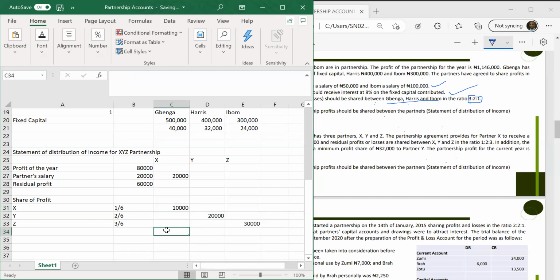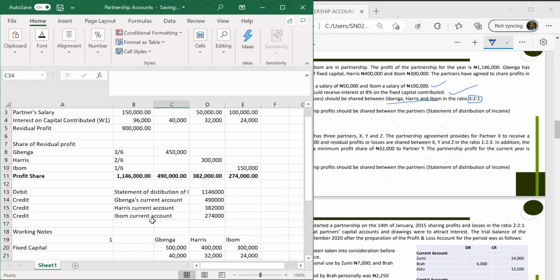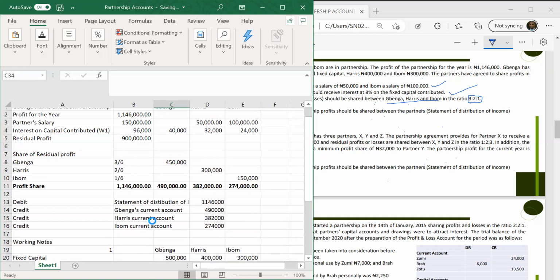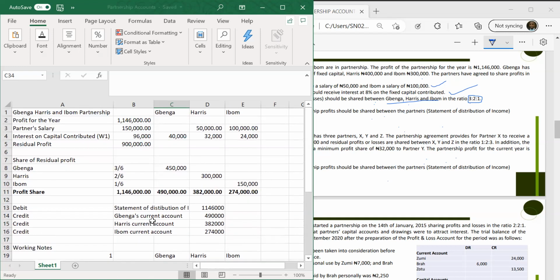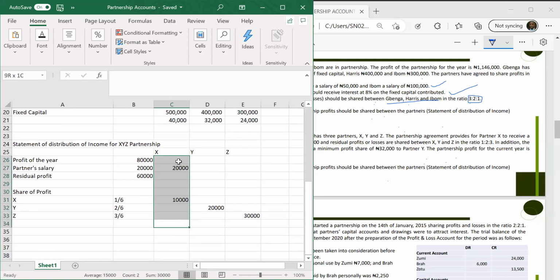So what do we do next? Let me show you again. What did we do here? We add everything together from up.